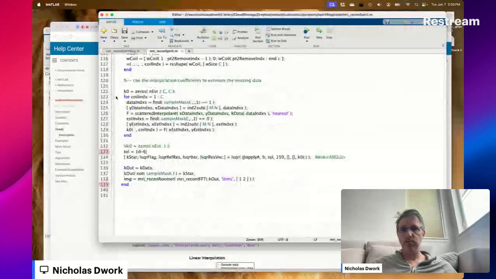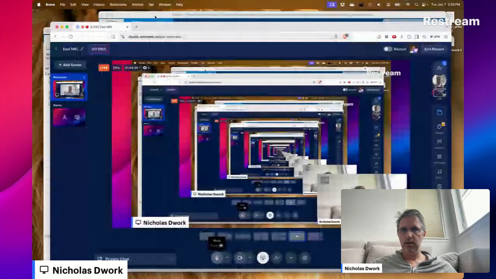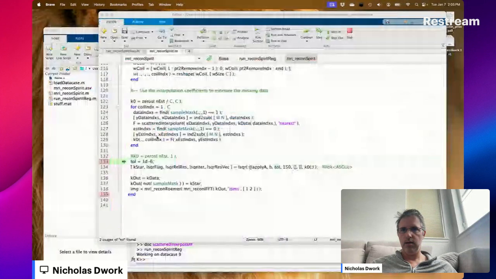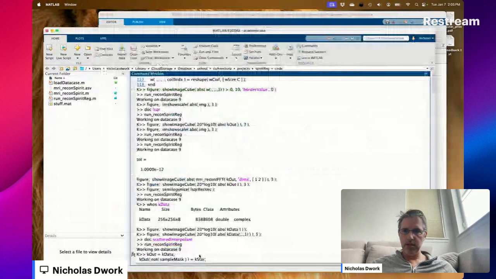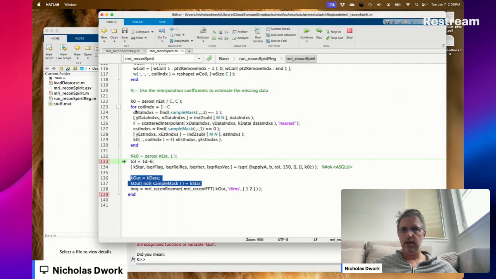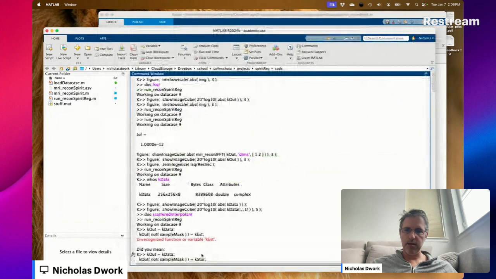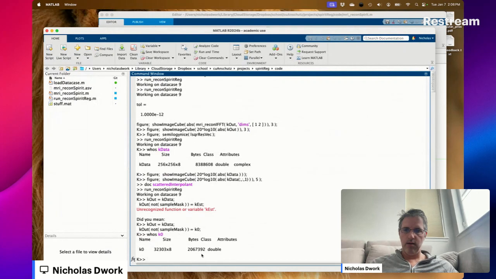Let's get here and see what these initial estimates look like. I'm going to do this, but instead of K star, I'm going to put K estimate here. No, I meant K estimate. Oh, okay. I guess I meant K naught. Ooh.